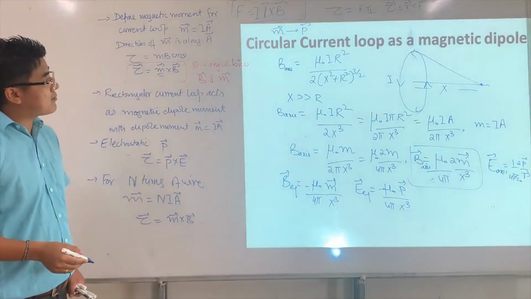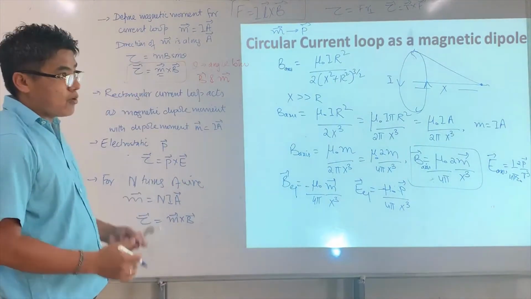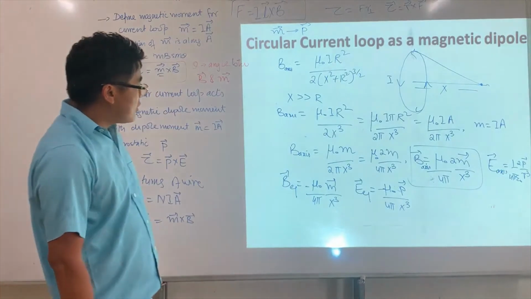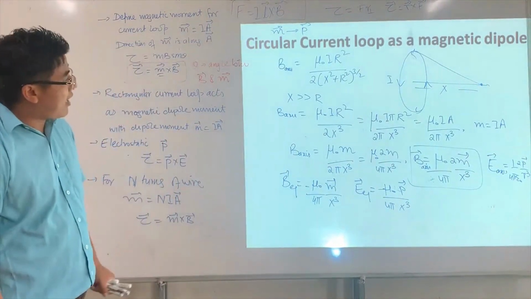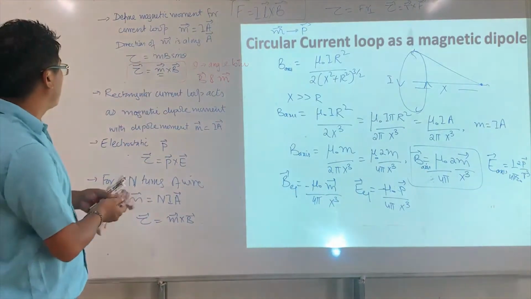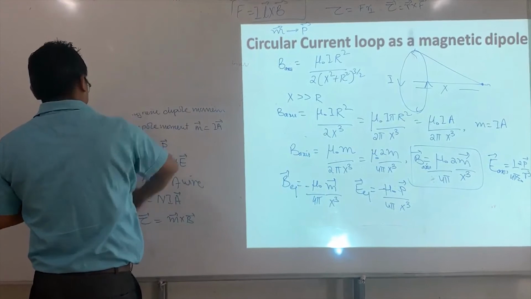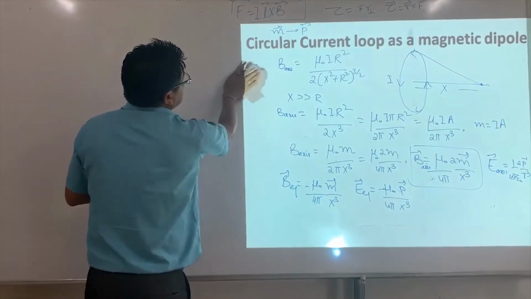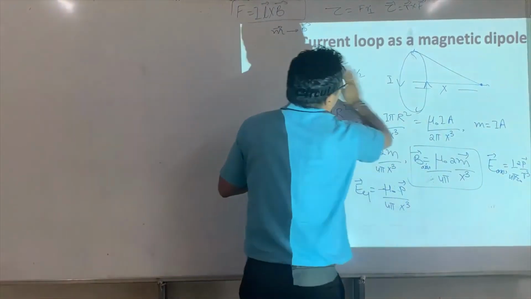So we say the circular current loop acts as a magnetic dipole. This is what we have in the case of a circular current loop, which tells you that a circular current loop acts as a magnetic dipole.